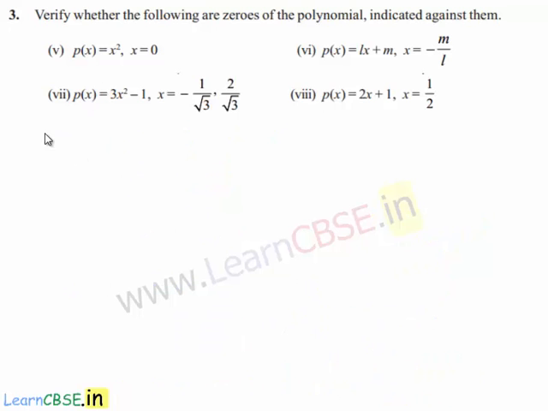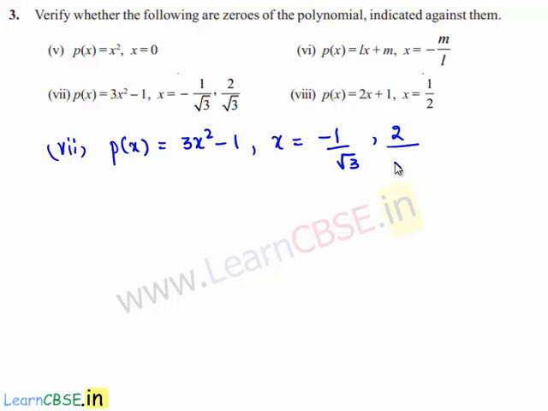Next, let us see the seventh bit, which is given as p of x is equal to 3x square minus 1, given that x is equal to minus 1 upon root 3, comma 2 upon root 3. So let us first substitute x is equal to minus 1 by root 3.